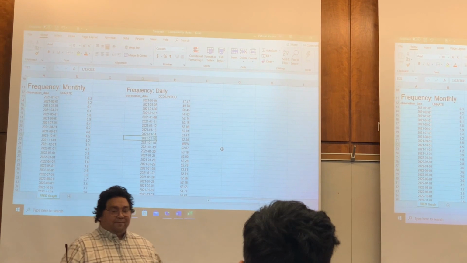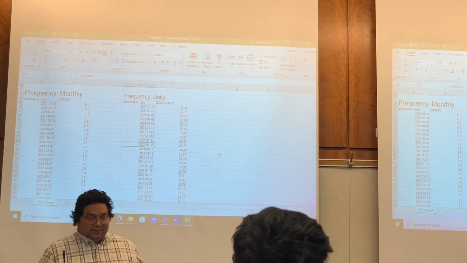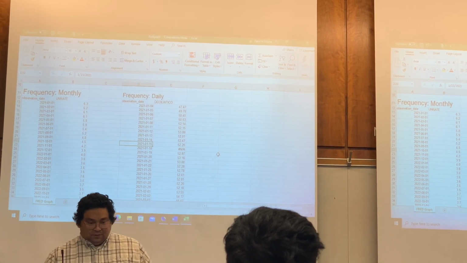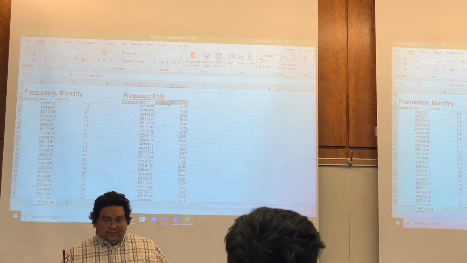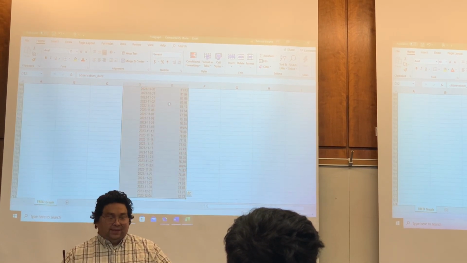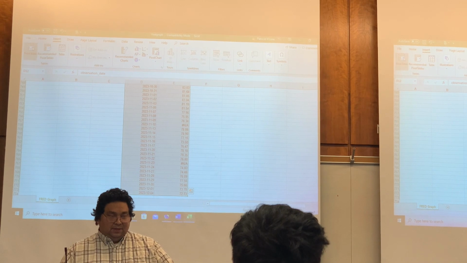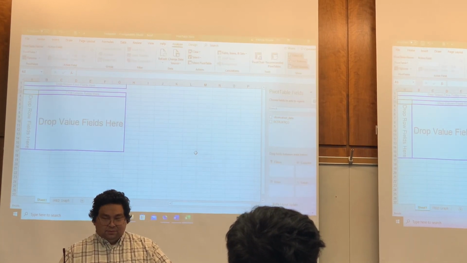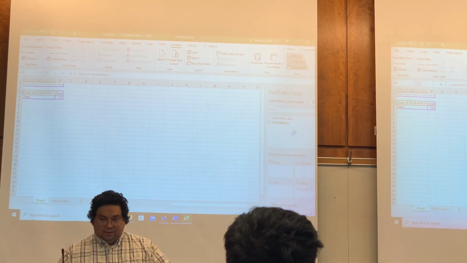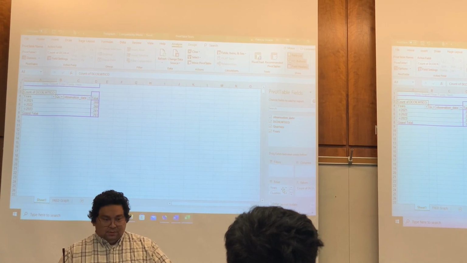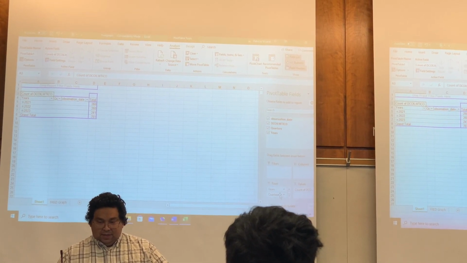So right now I have a problem. How do I deal with this? Easy, extremely easy. For this, you can select and create pivot table. You say value here. Okay, and then I have this.